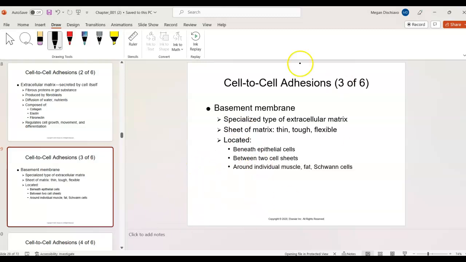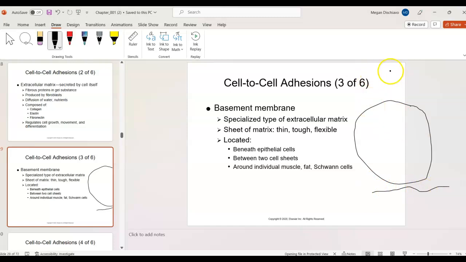If we're looking at the cell itself, I don't want to get too much into this. I don't think we'll get too crazy with this. We have this cell where it attaches to, let's say this is a skin cell. The basement membrane is what it sits on, and it will secrete an extracellular matrix to surround those cells and go between those cells.